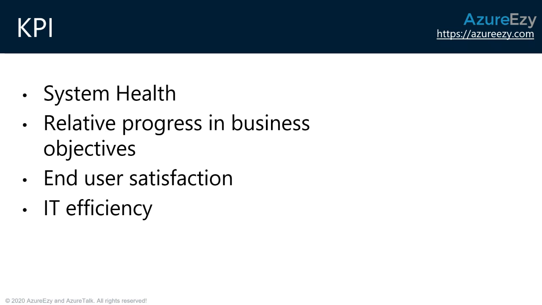IT efficiency is another one. Of course, if you deploy an application, and it takes a lot of hard work and a lot of effort to make those changes available to the user, and still the efficiency is not at par, then of course your key performance indicator is not being met.